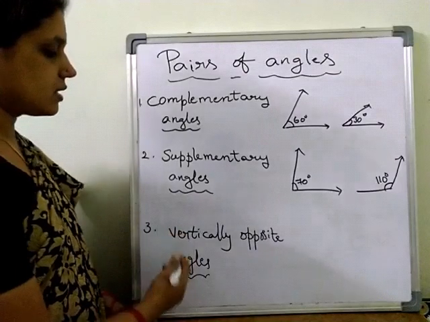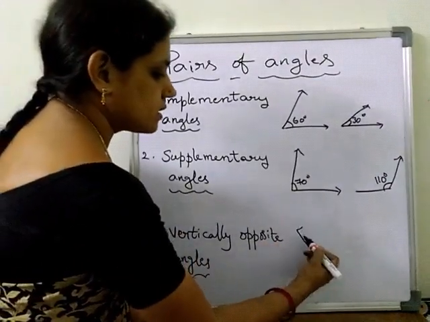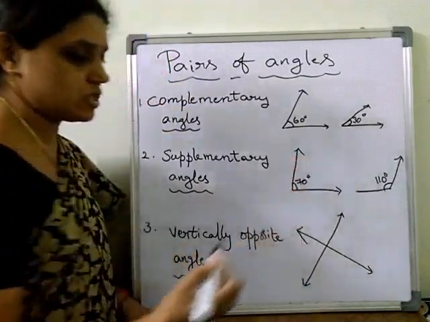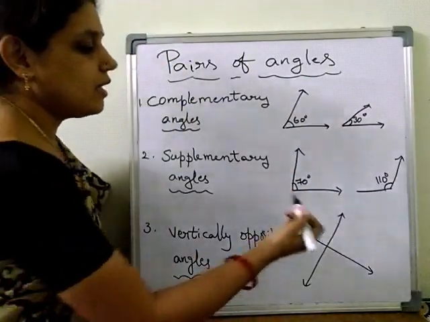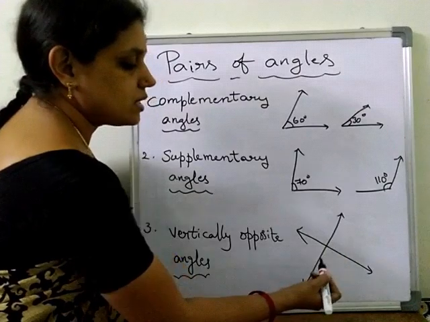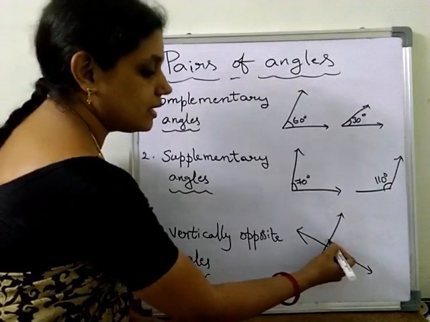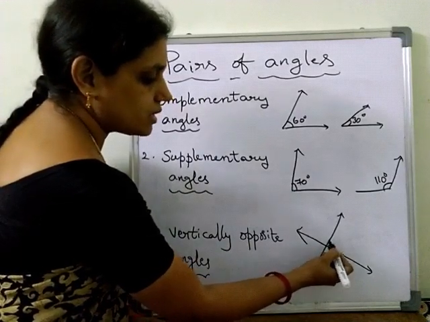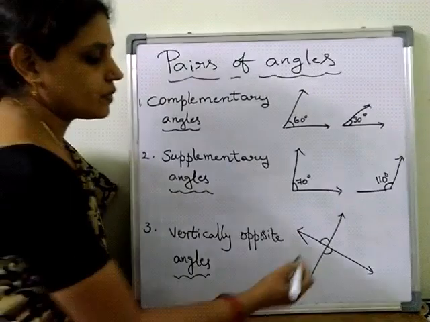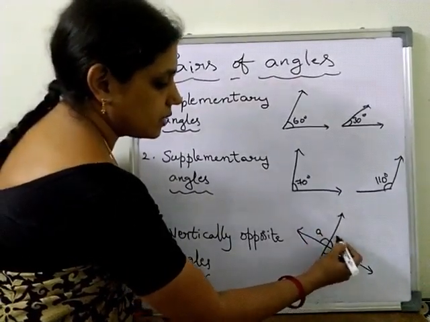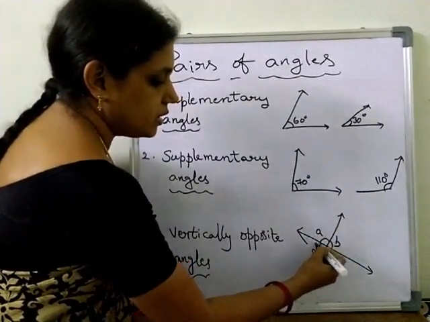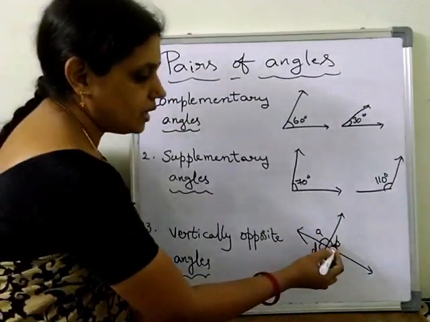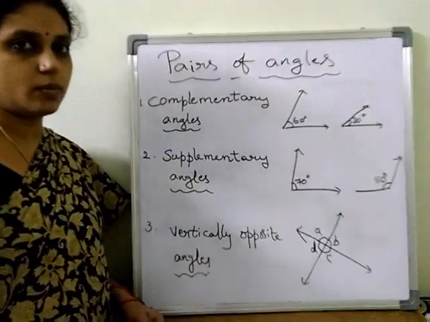Okay. Next, vertically opposite angles. If two lines intersect each other like this, then the vertically opposite angles formed are equal. Actually here two pairs of vertically opposite angles are formed. Suppose here A, B, C, D. Here A and C is one pair and B and D is one more pair of vertically opposite angles.